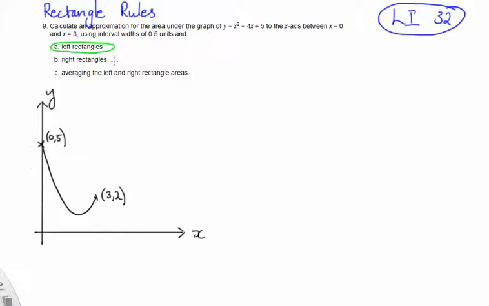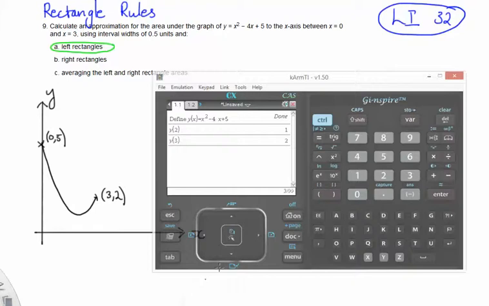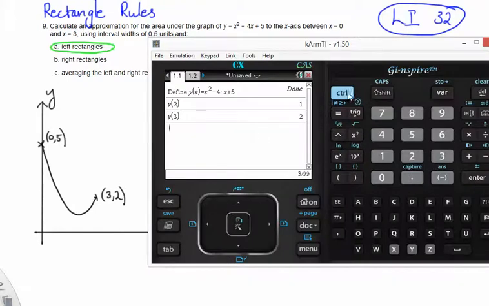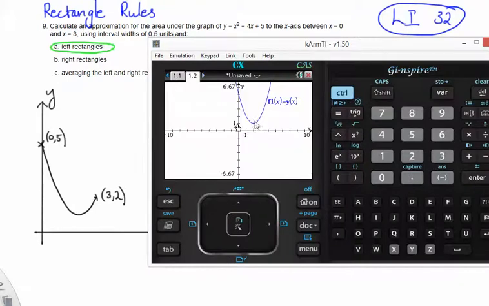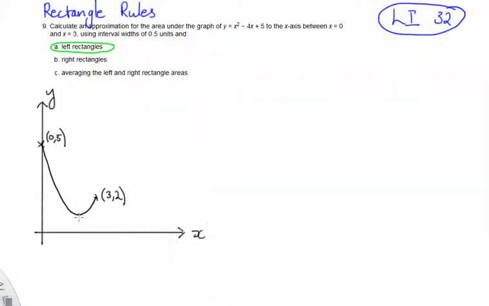We need an interval width of 0.5. So let's mark in our intervals. The turning point's at about 2 there, and there's 1. So the turning point's at 2.